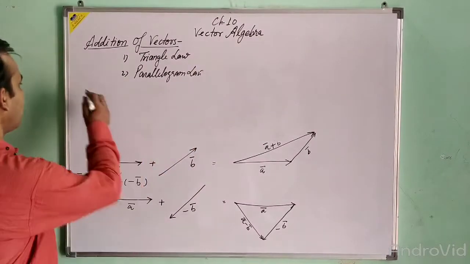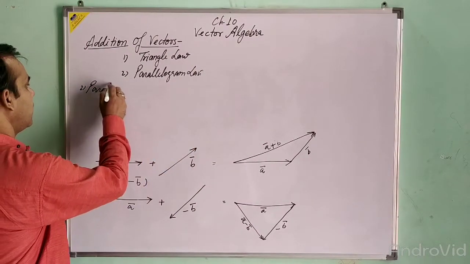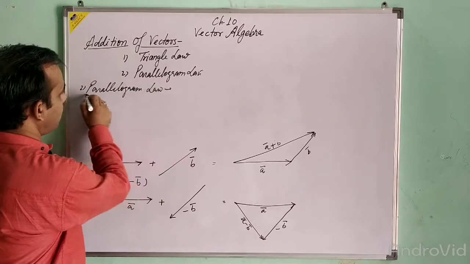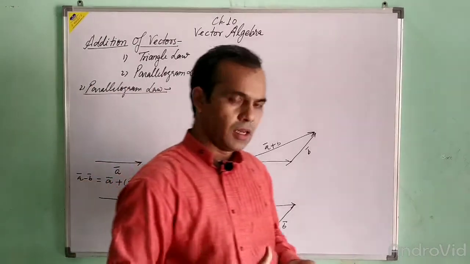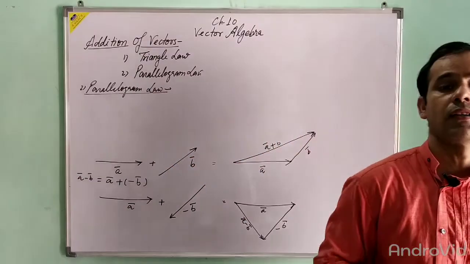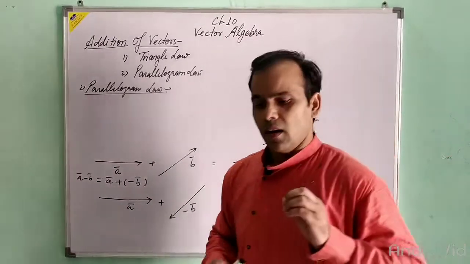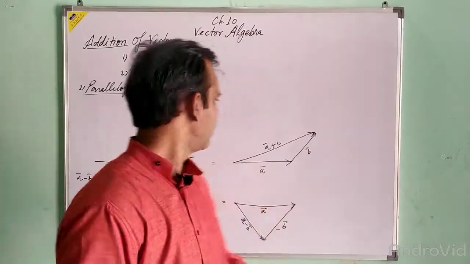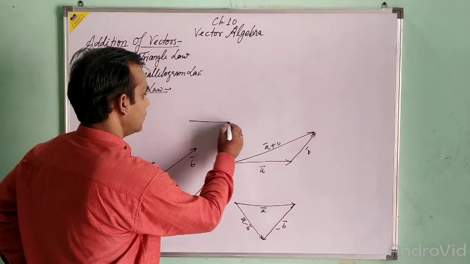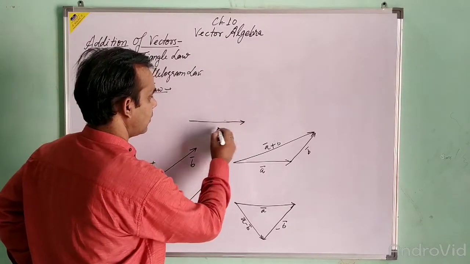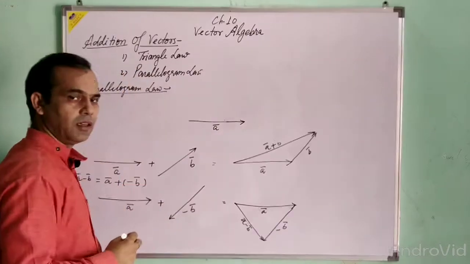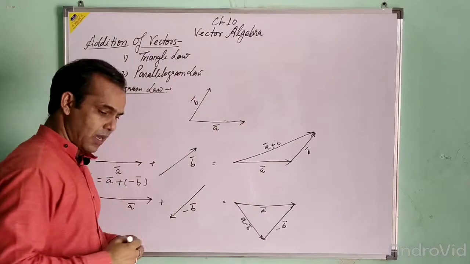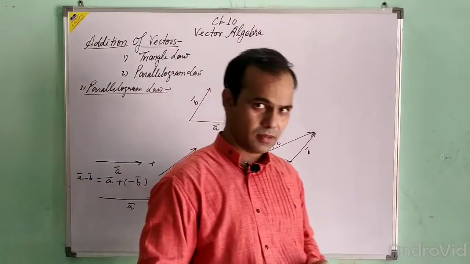In the parallelogram law of vector addition, if the two vectors A and B are taken as the adjacent sides of a parallelogram, then the resultant of A plus B will be represented by the diagonal of the parallelogram.